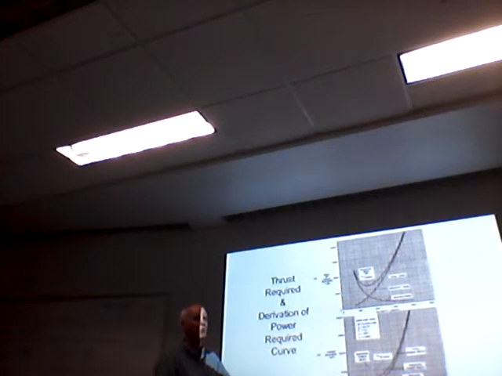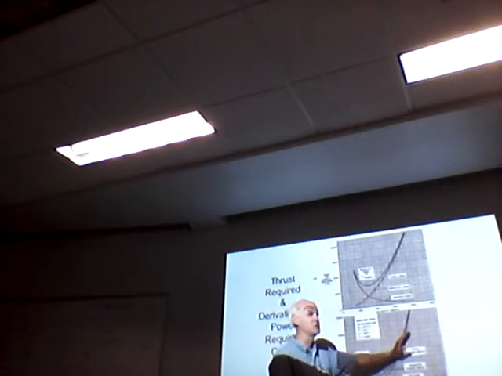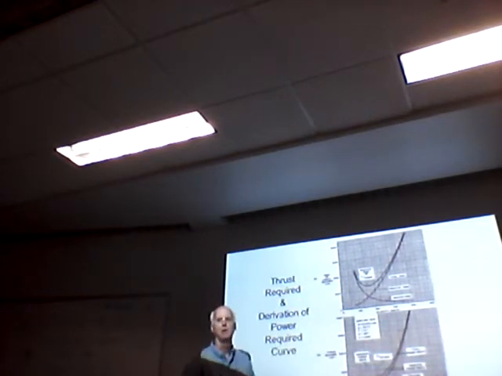Okay, so basically what you end up doing, and I'm not having you do this, okay, but what we did is we looked at a formula that translates thrust to horsepower, and then we plotted the curve, and that's how we derive this curve from this curve, and so just the shape is different. It's all based on that conversion from thrust to horsepower.